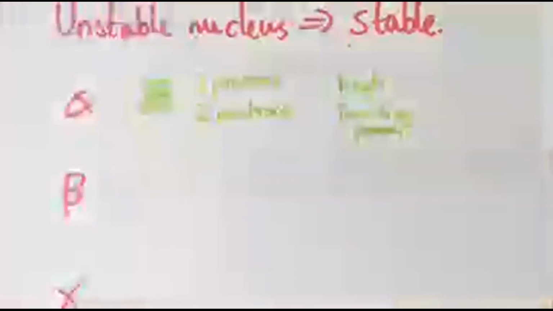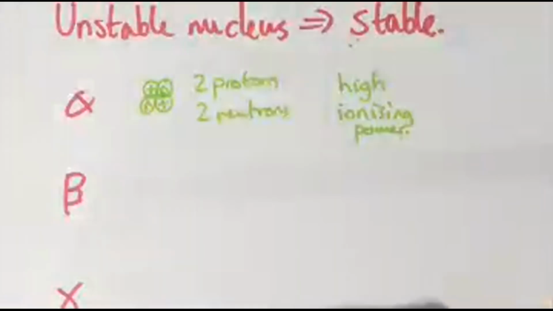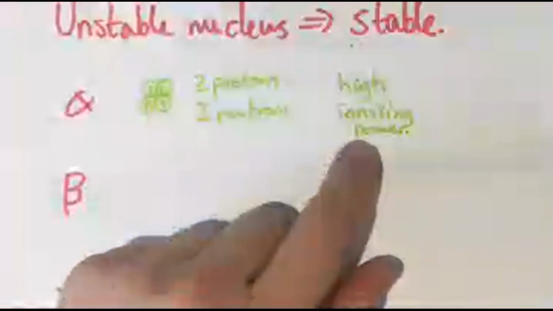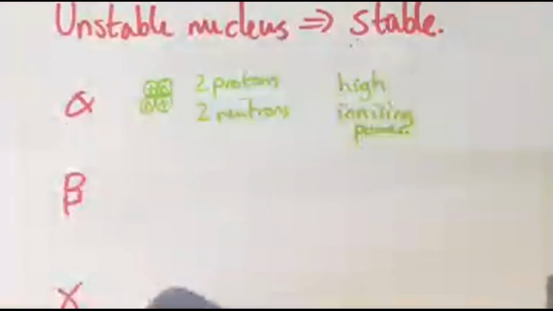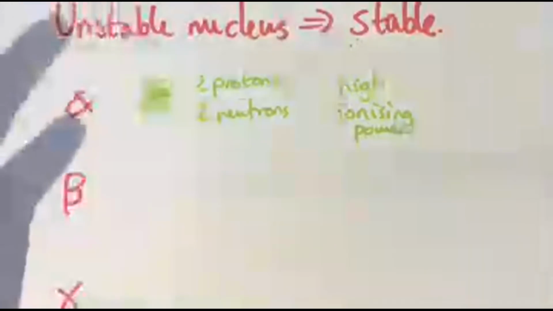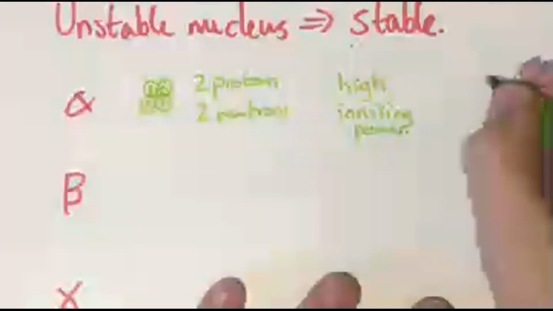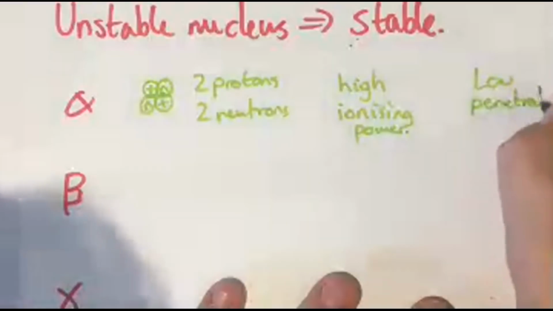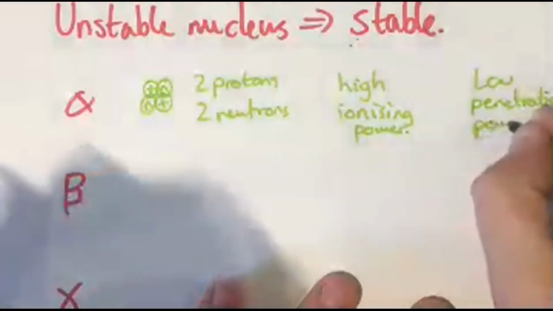Now, what ionizing means is the ability, if it hits an atom, to knock off electrons. So this has a really high ionizing power because it's so big. If it hits an atom, it will knock off electrons quite nicely. But it also has a low penetration power, i.e., it's really easy to stop.